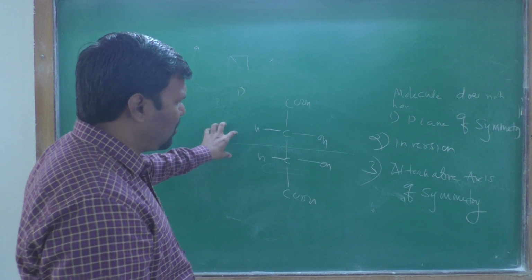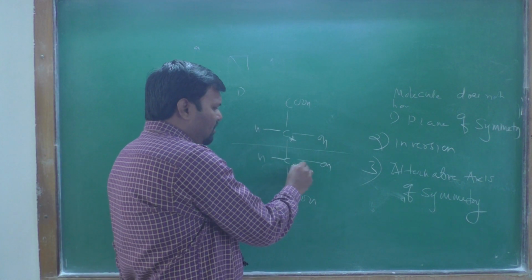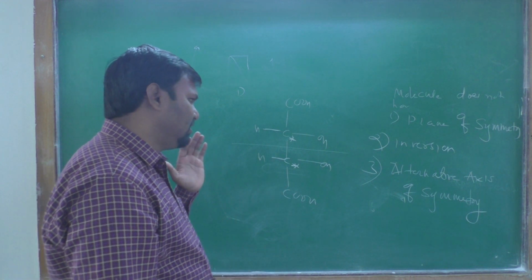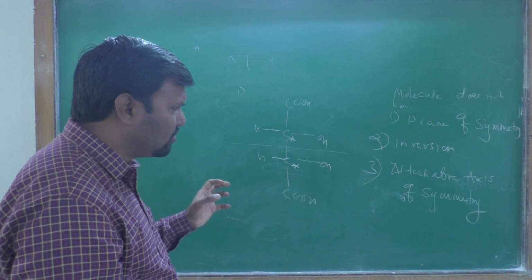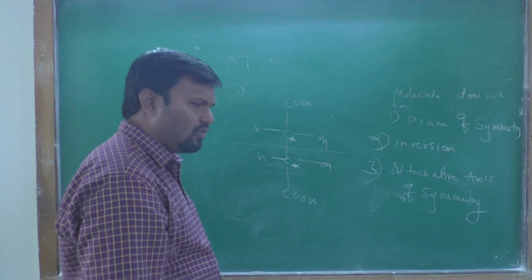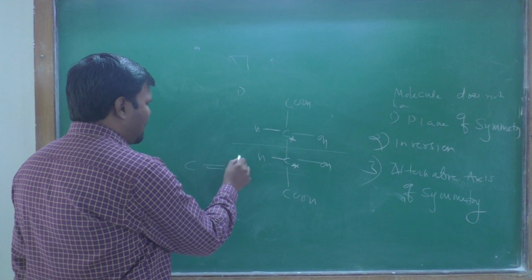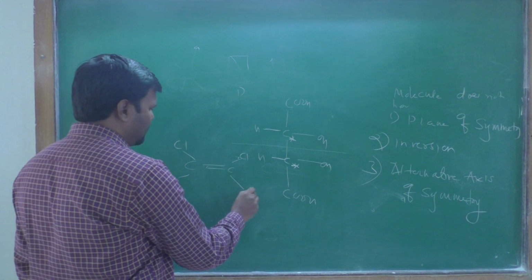Therefore, though this molecule has two stereo centers, due to the plane of symmetry it is not considered a chiral molecule. We have another example, cis dichloroethane.